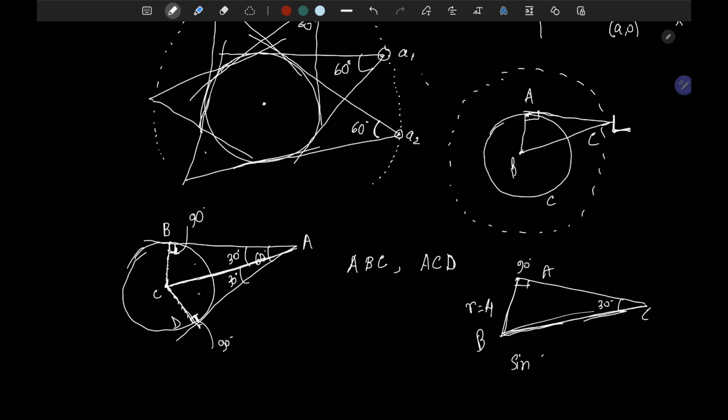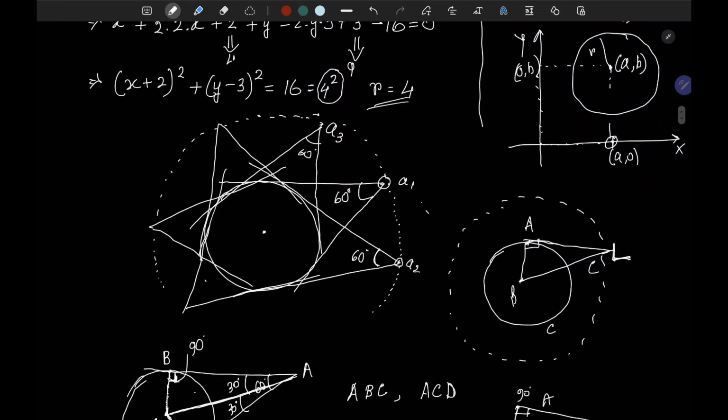Your sine 30 is equal to half, that is equal to this side AB by your BC, where AB is 4 and your BC you have to find. So from here we can see that BC equal to 8.